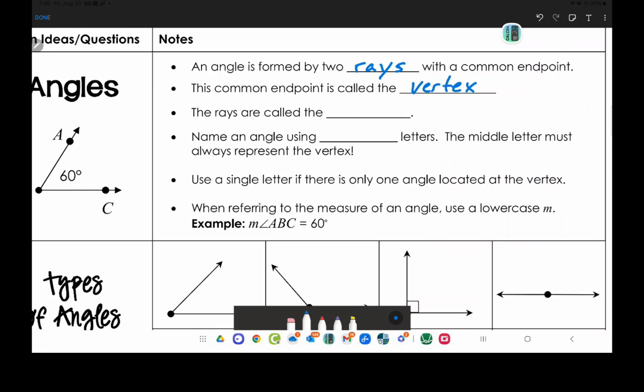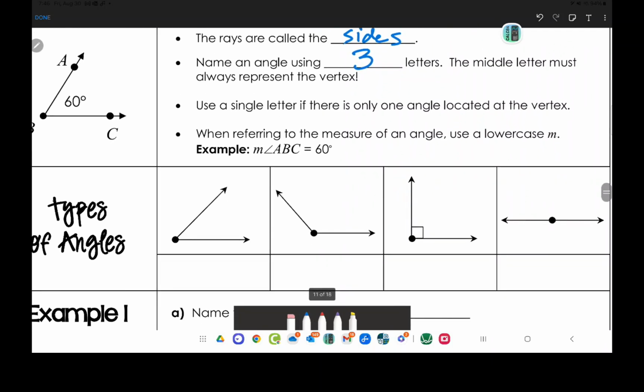The rays themselves are called the sides of the angle. When naming an angle using three letters, the middle letter must always represent the vertex. Using a single letter, if there's only one angle located there, we talked about this. And when referring to the measurement of an angle, we use the lowercase m up top.